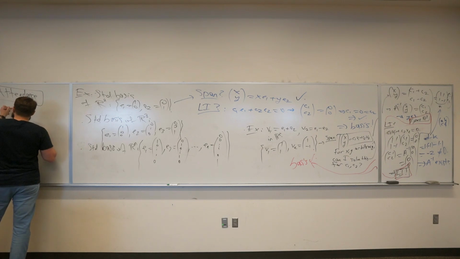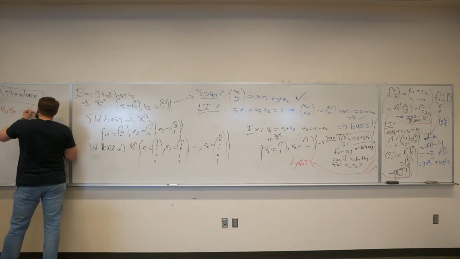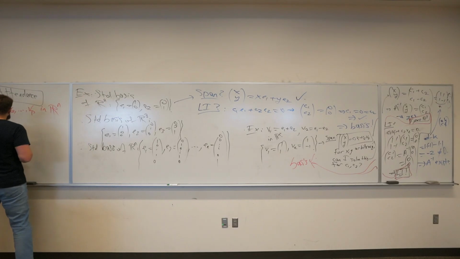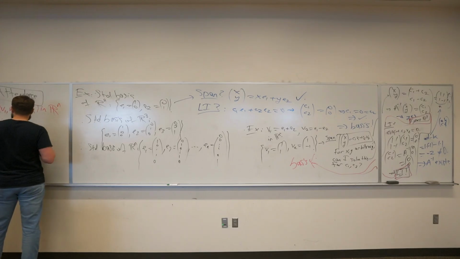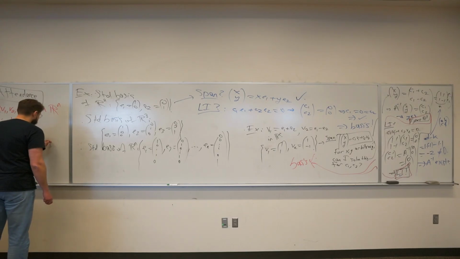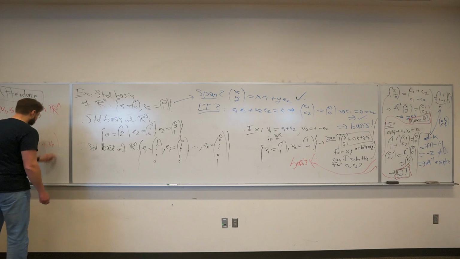So V1, V2, dot dot dot, Vp in Rn, this set is a basis, is the same thing as saying that the rectangular matrix you obtain by considering these as columns is invertible.